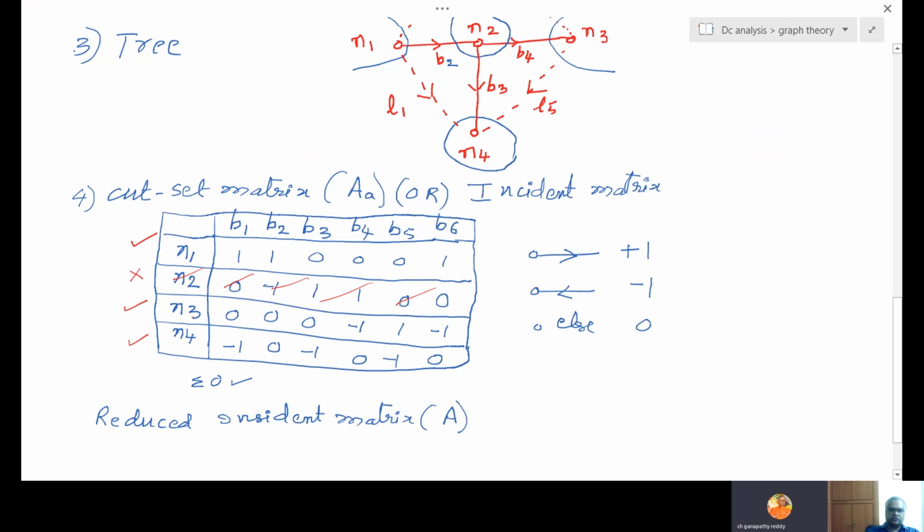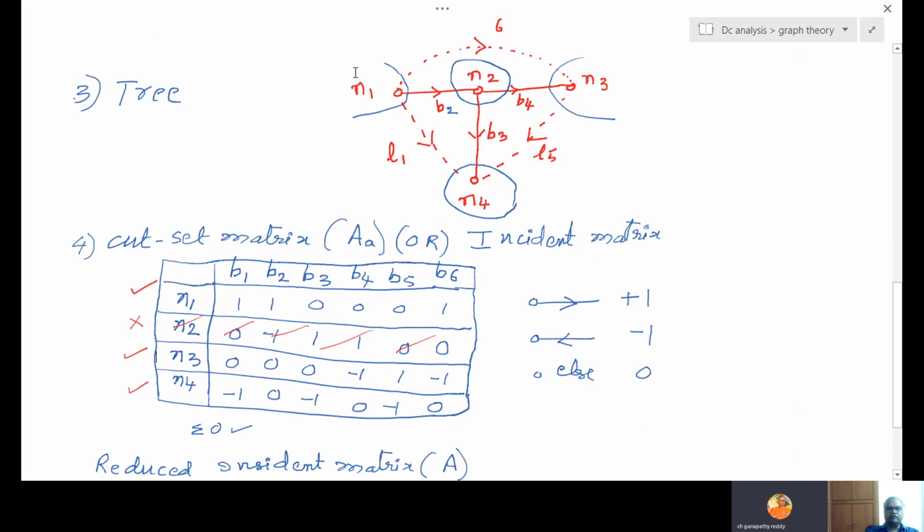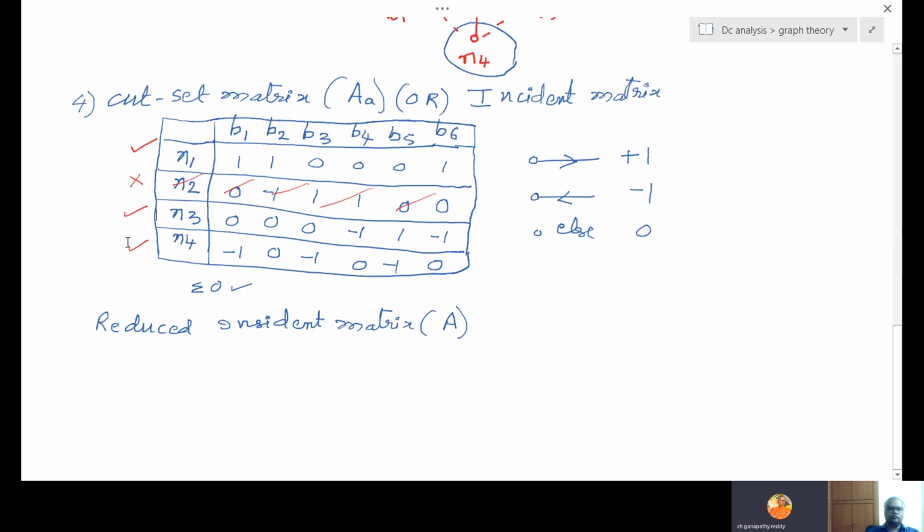So fundamental cuts, later I explain what is the meaning of fundamental cut, is cutting only one thick line. So we have to consider N1, N3, N4, not N2. After truncating N2, whatever remaining is called a reduced incident matrix A. So this is fourth step.